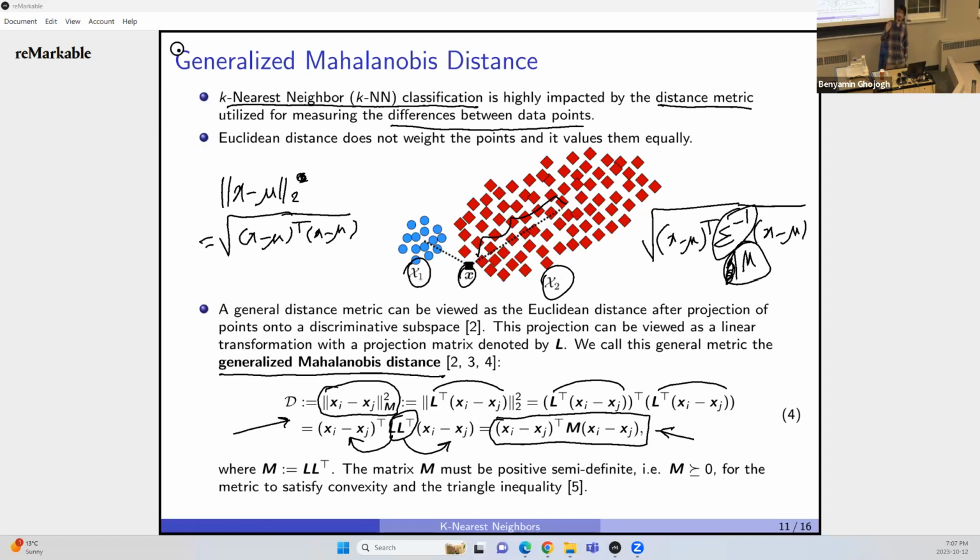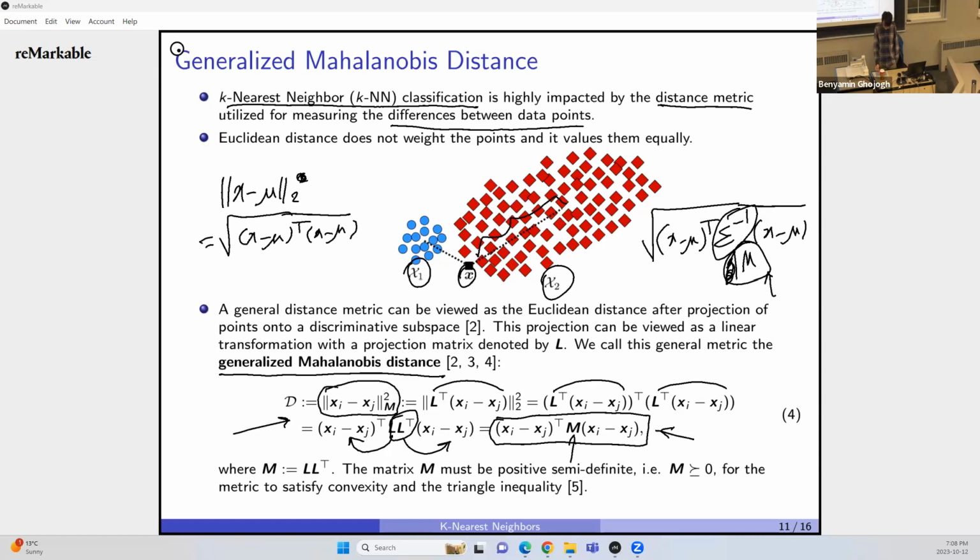It needs to satisfy all of the 4 properties that we discussed for norm in the preliminaries, recall preliminaries. And one of them was triangle inequality, and for that, this matrix M here or here needs to be positive semi-definite, meaning that its eigenvalues need to be non-negative.